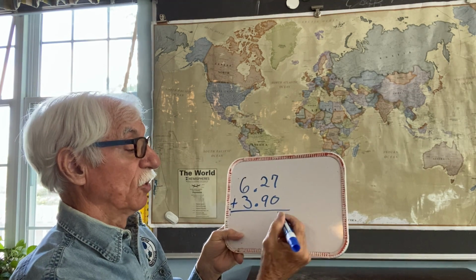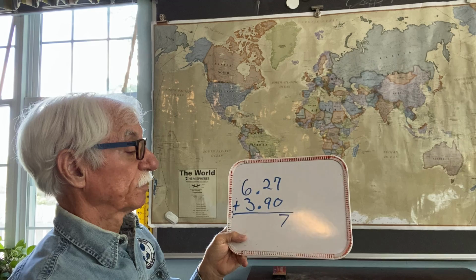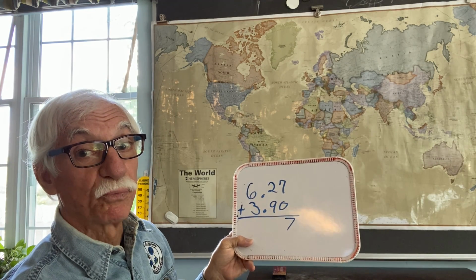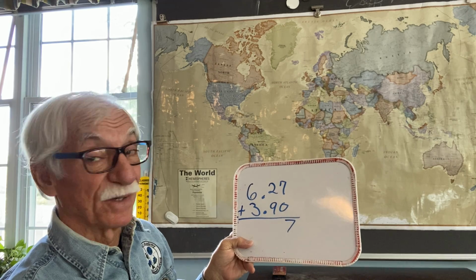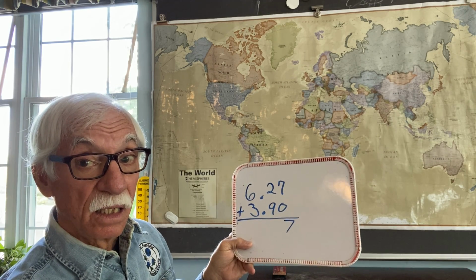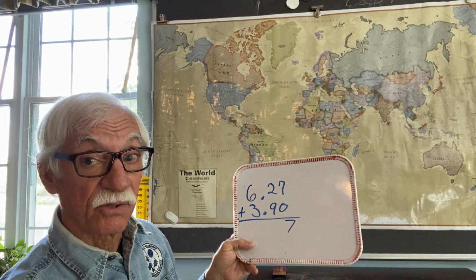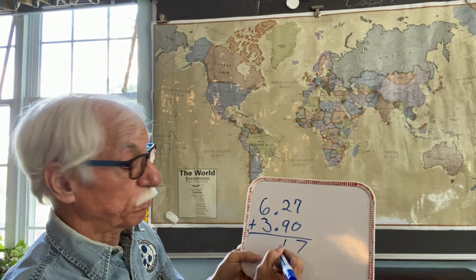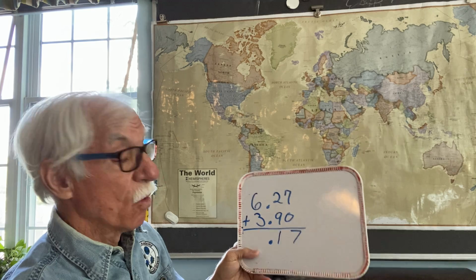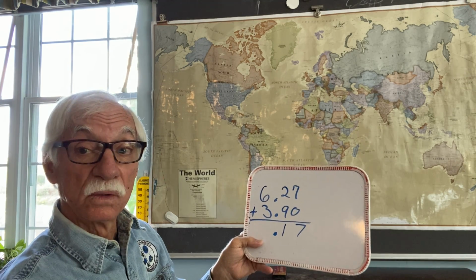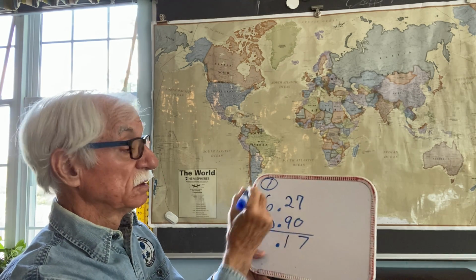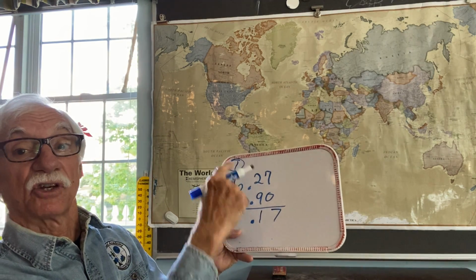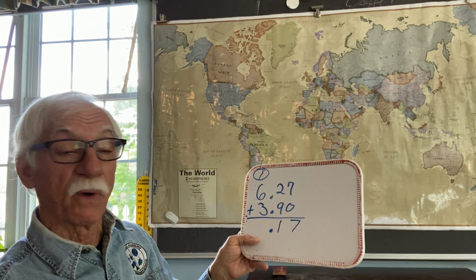Seven hundredths and 0 hundredths, 7 hundredths. 2 tenths and 9 tenths, whoops, 11 tenths. 11 tenths, 10 tenths is 1 whole, so I got 11 tenths, so that's 1 in the tenths place, and that 1 whole has to be exchanged. 10 tenths exchanged for 1 whole. I just exchanged it, put my notation up there so I remember where it is.